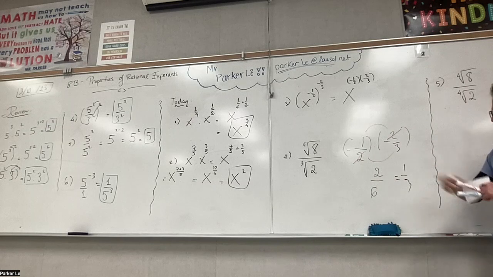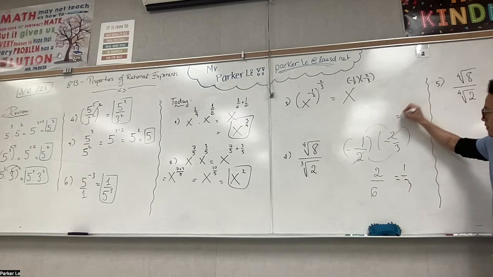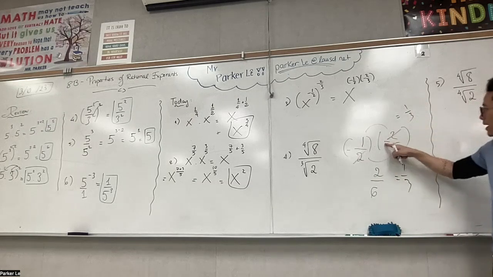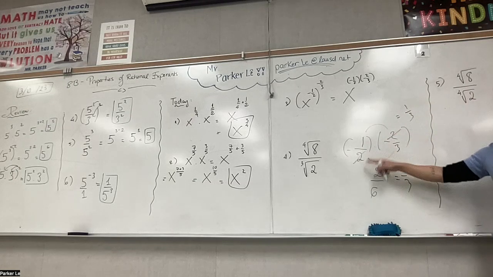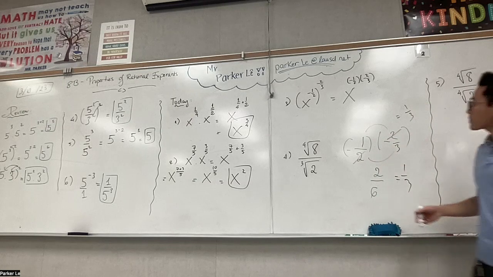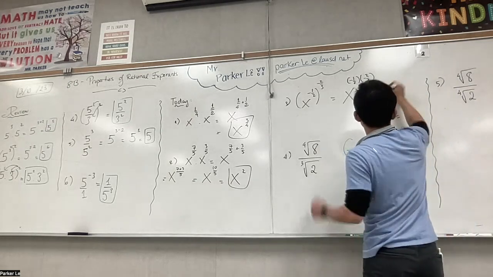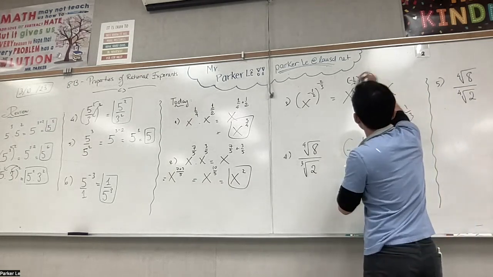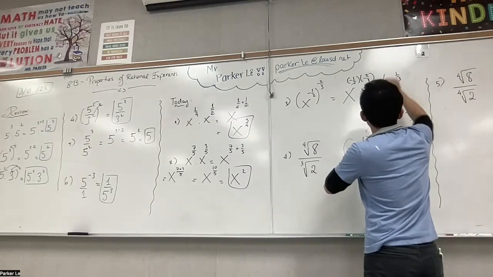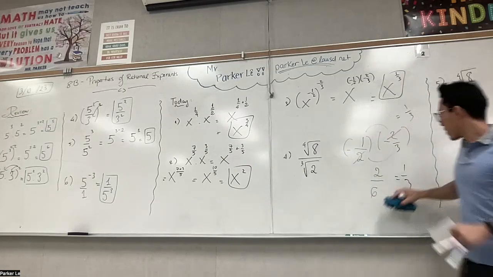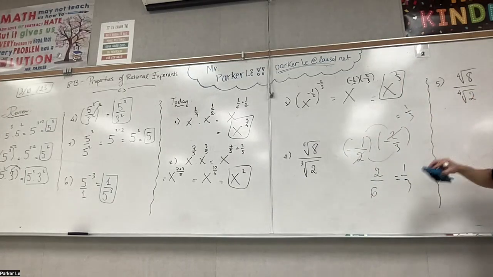You have left 1/3, negative and negative is positive. If you can see the number on the top and the number on the bottom, they're going to cancel out. So I'm going to cancel the two, cancel the two. So I have 1/3. That's the easy way.